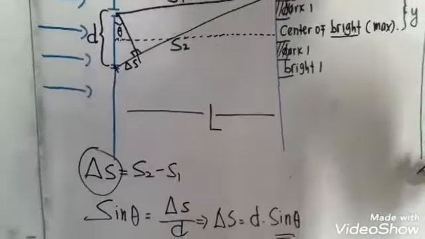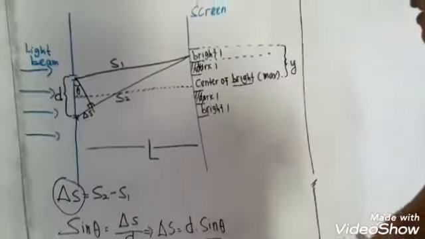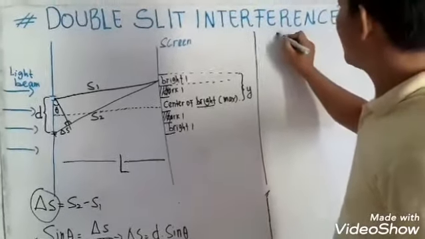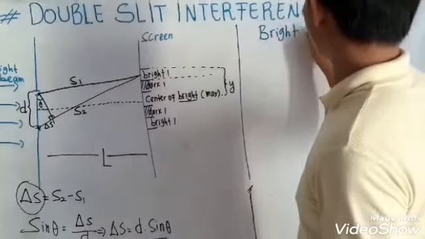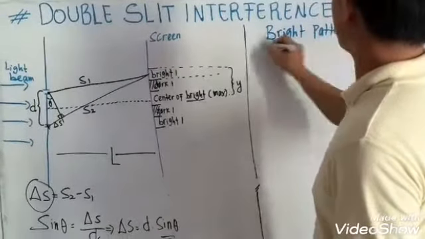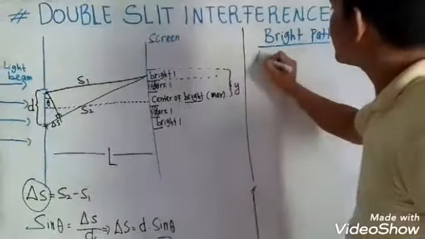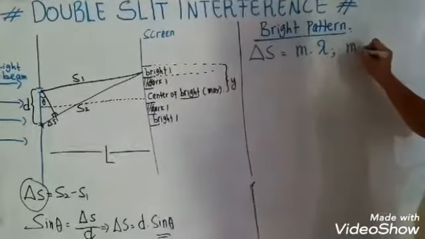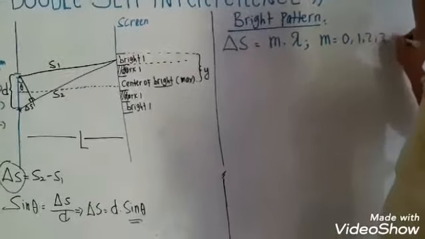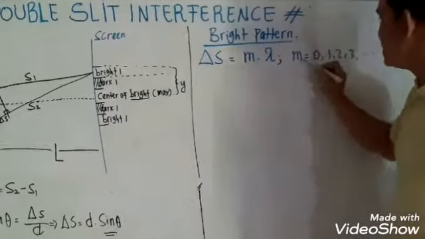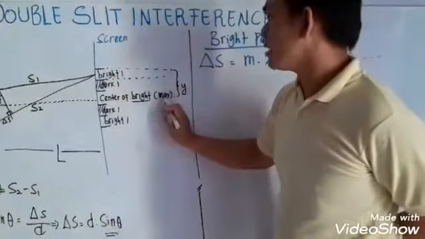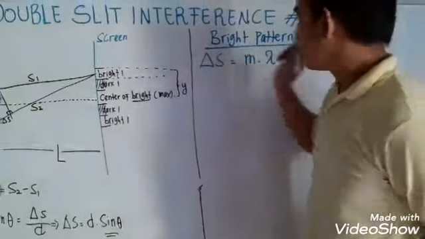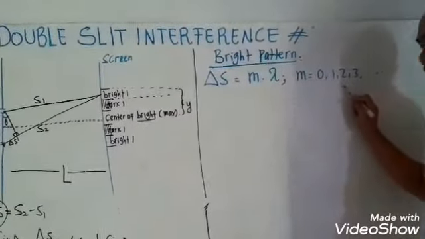Okay? And the next is, we can see here that for the bright pattern, delta S is equal to m times lambda, where m is equal to 0, 1, 2, 3, etc. Okay? m is 0 for the center of bright, or maximum. m is 1 is for the first bright one, m is 2 for the second bright.